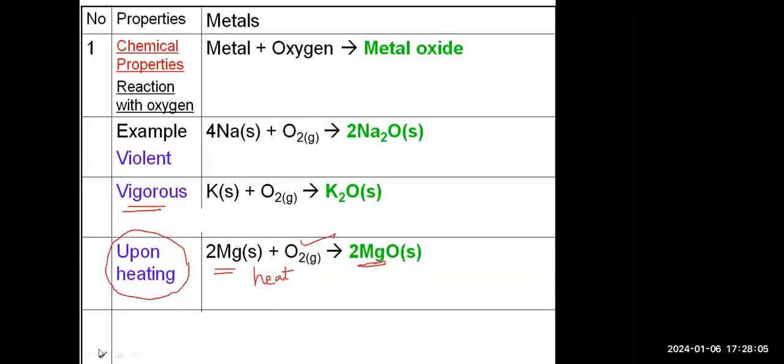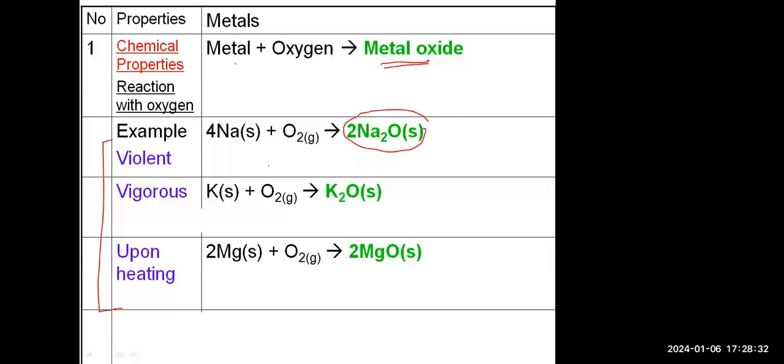So in these three examples, we have discussed the reaction between metal and oxygen to give metal oxide. The thing that we saw here is, out of the three, all metals do not have the same intensity of reaction. Sodium reacts violently, potassium reacts vigorously, and magnesium reacts upon heating. Now, when you put these oxides in water, for example sodium oxide, you will get sodium hydroxide.